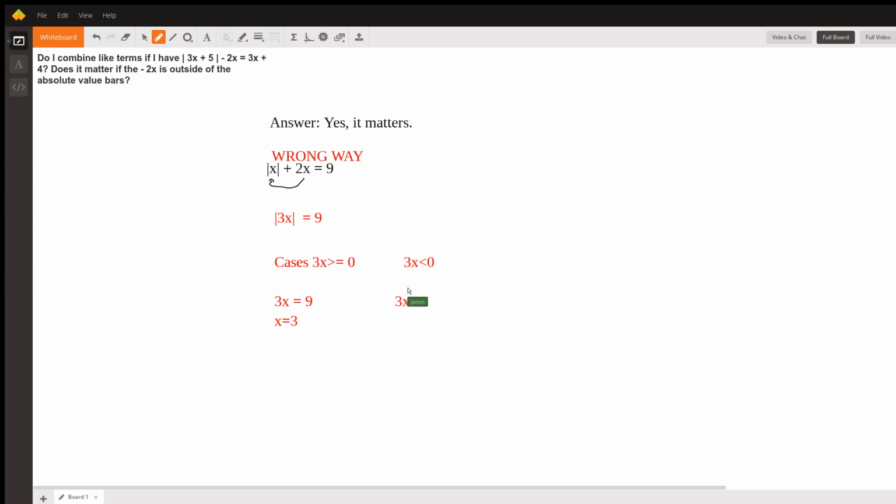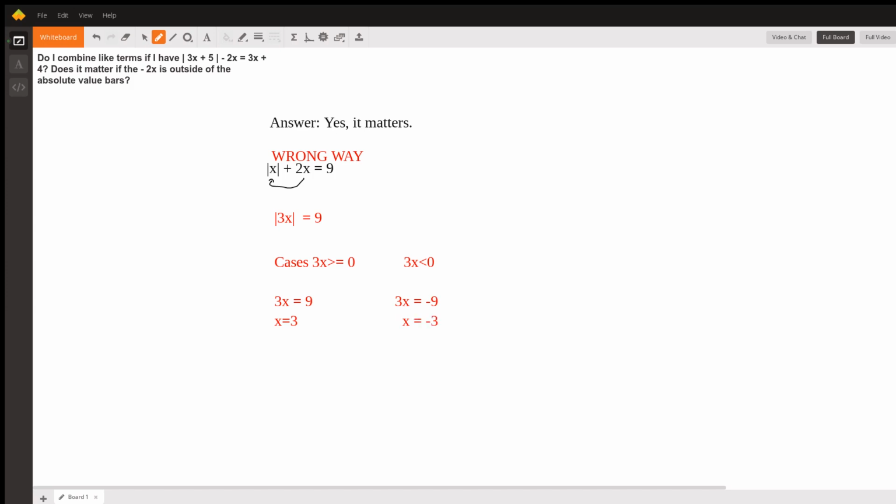It's whatever is inside the absolute value bar that matters. That was a slight mistake, but no biggie. Whatever's inside of the absolute value signs, if that's positive, then we have one answer. If that's negative, we have another answer. So if what's inside the absolute value bar, which is 3x, is equal to negative 9, then we divide both sides by 3 to get x equals negative 3.